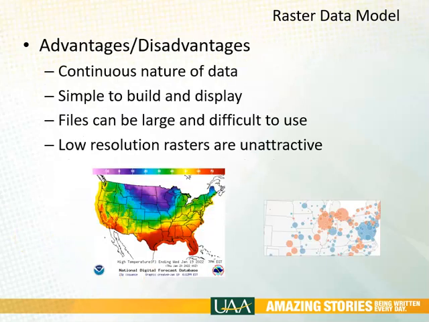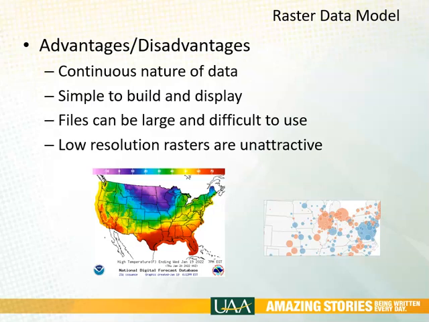There are lots of advantages and disadvantages to the raster data model. The advantage is that it does a really good job of symbolizing continuous data. And the map you see in the lower left-hand side is one that shows temperatures. And temperatures are obviously something that are continuous across the surface of, in this case, the contiguous United States.